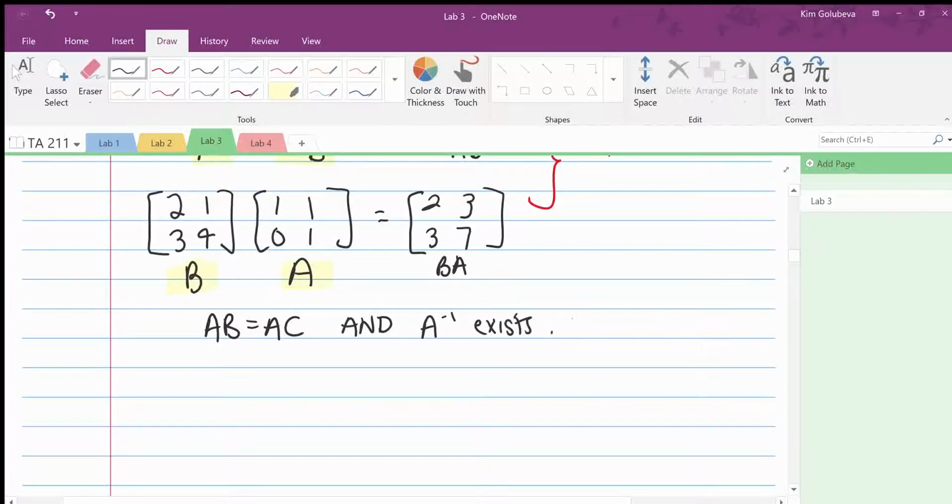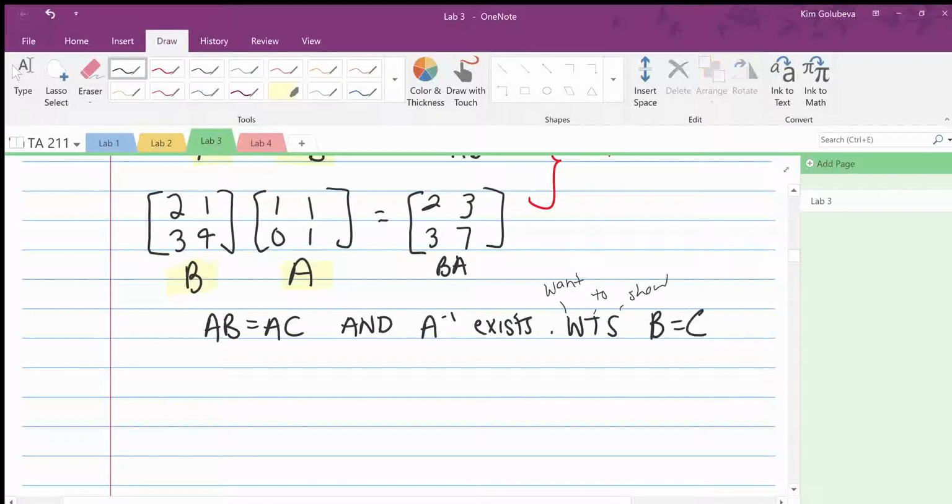We want to show that if this is true, then we have B equals C.